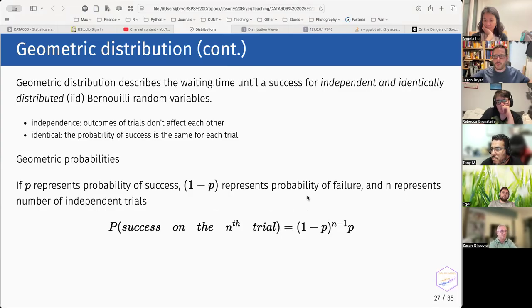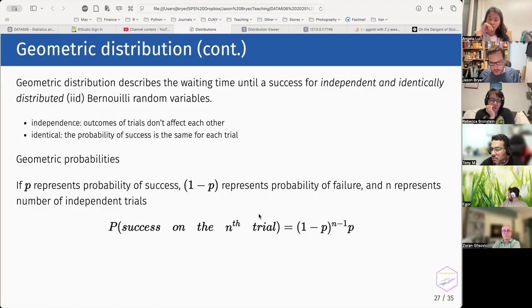But what if we want to extend this? The geometric distribution describes the wait time for independent and identically distributed Bernoulli random variables, meaning each event has the same probability of success, which we've estimated to be about 35% in this example. And then the probability of failure is 1 minus that.